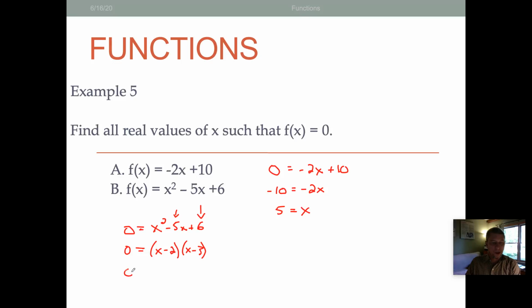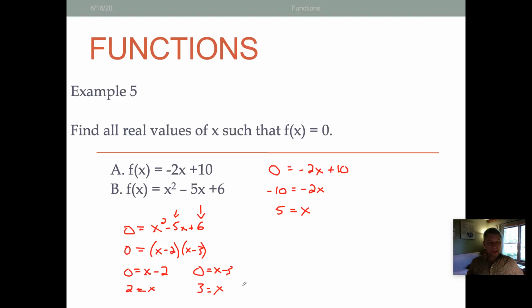So if 0 equals x minus 2, if I add 2 to both sides, I get 2 equals x. And over here, if 0 equals x minus 3, then I add 3 to both sides, and I get x equals 3.